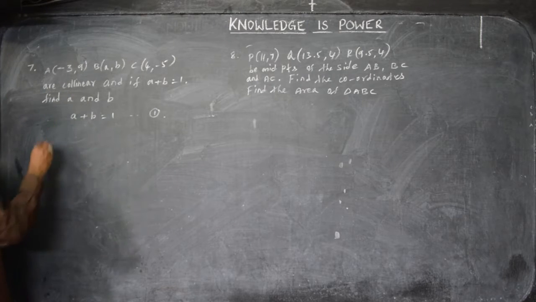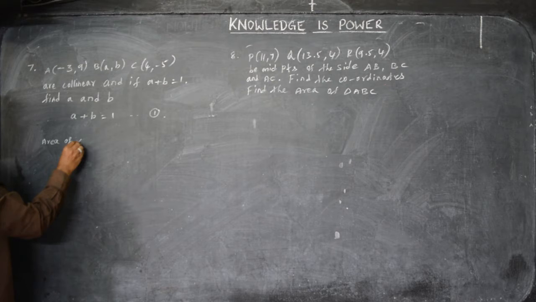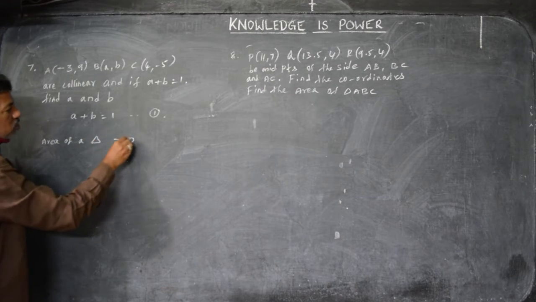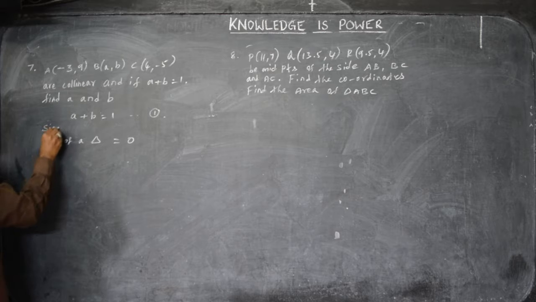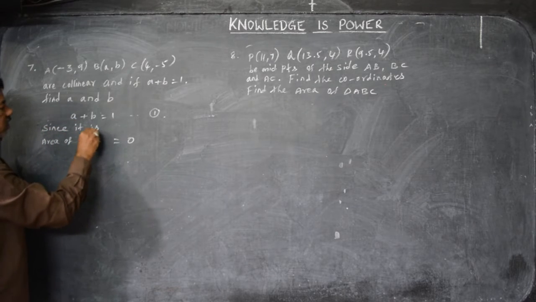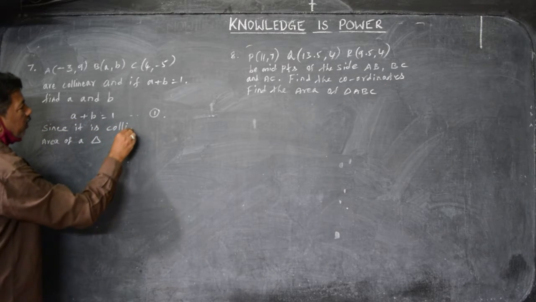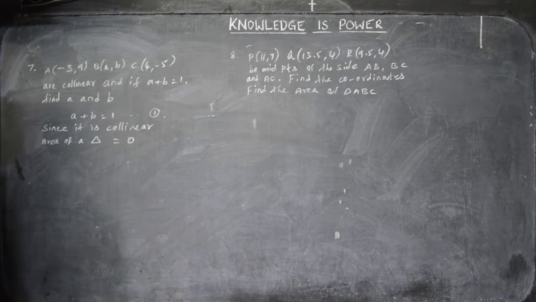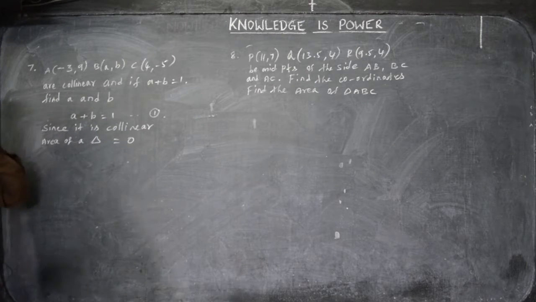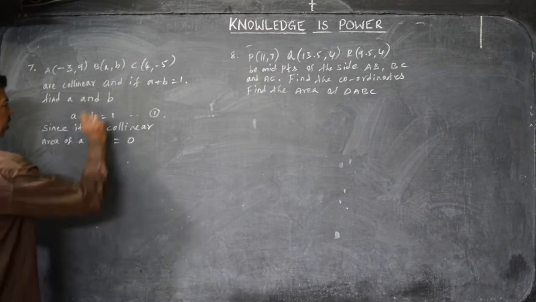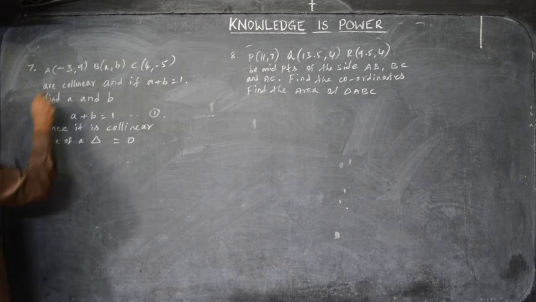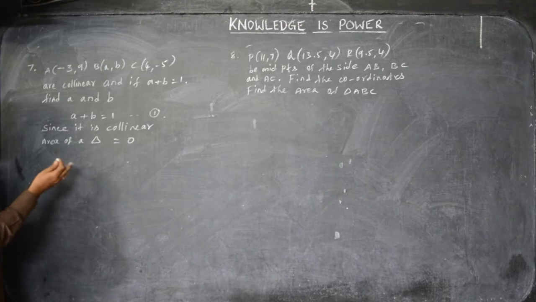Since it is collinear, you know the area of triangle formula. Area of a triangle is equal to 0. Why? Because it is collinear. It's clear? Since it is collinear, area of a triangle is equal to 0. Now, you know the formula for area of triangle.